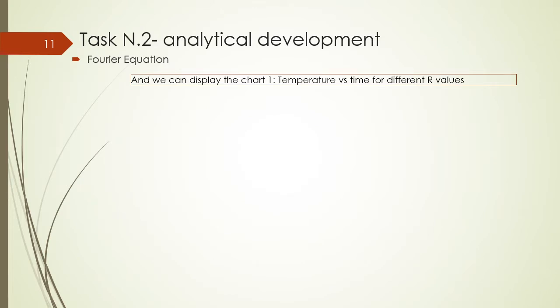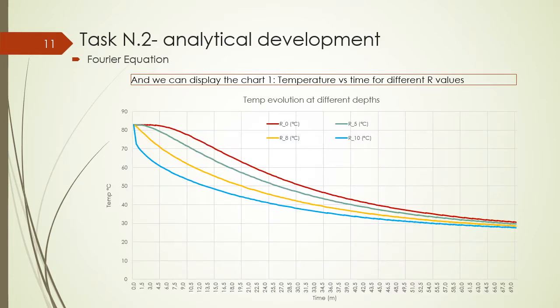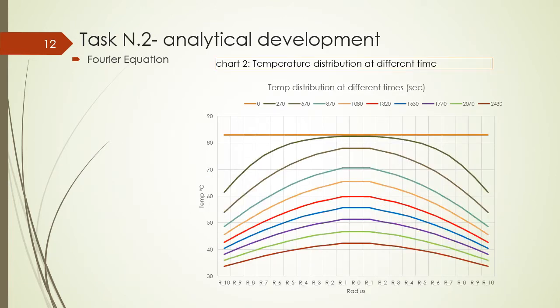First, temperature versus time for different radius values, like here. So the cooling at every radius is different. The inner part of the potato is cooling slower than the outer parts, as we can see. And the second is the temperature distribution at different values of the time.